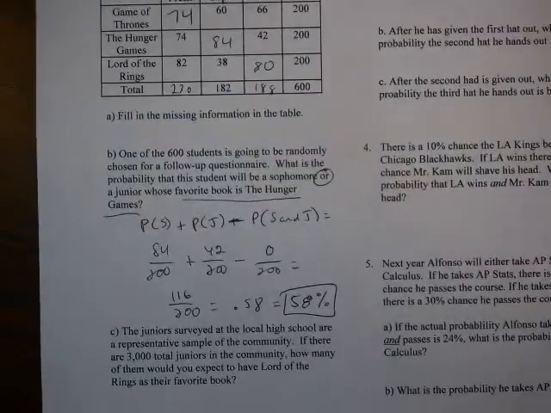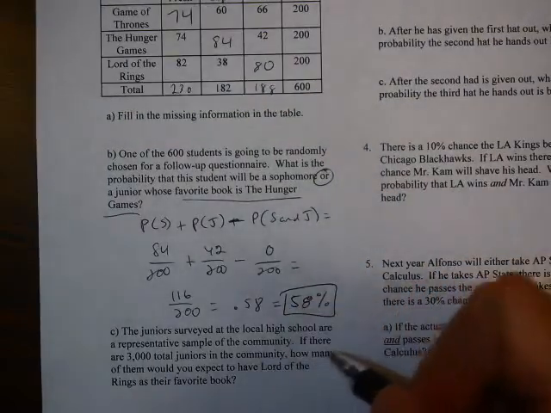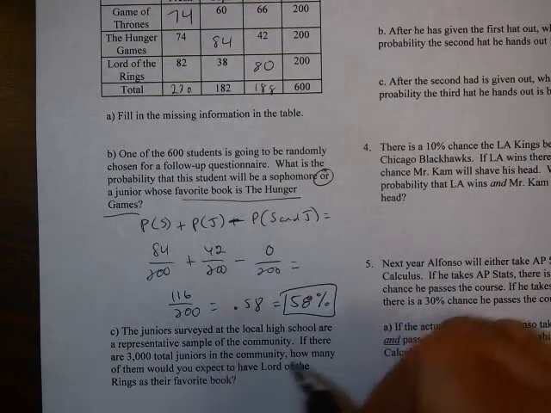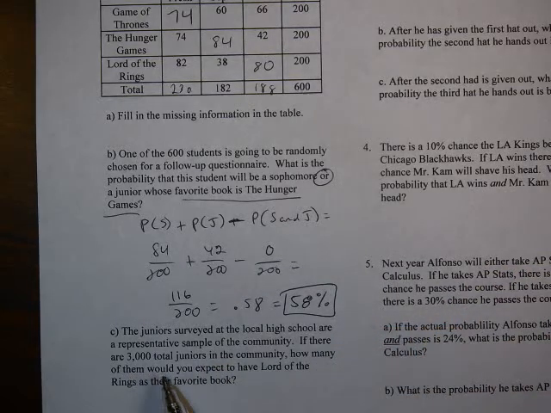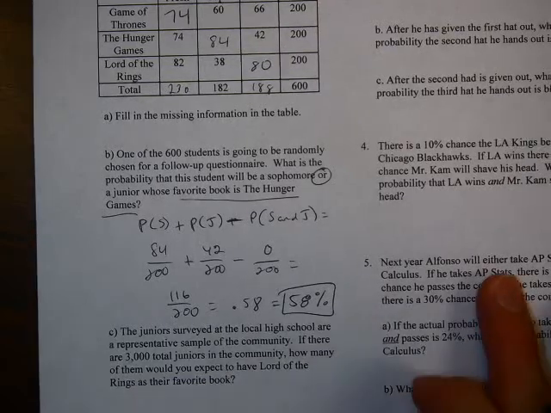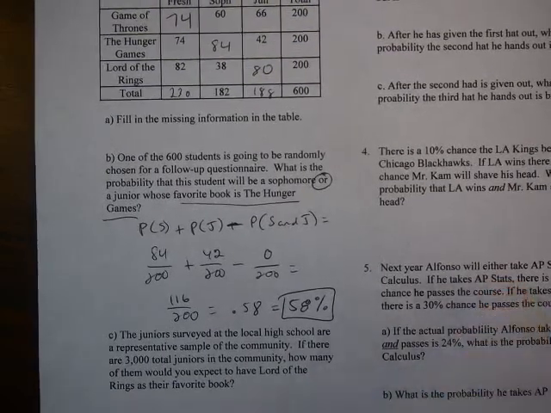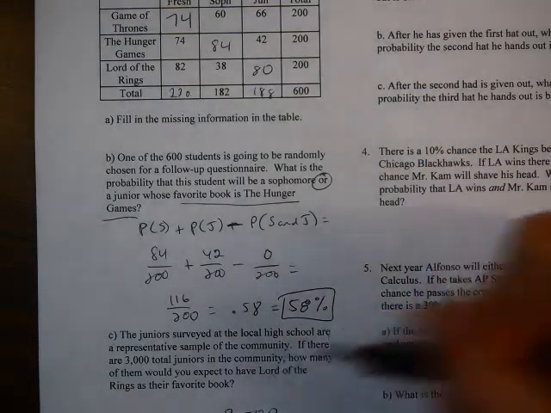For part C, the juniors surveyed at the local high school are a representative sample of the community. If there are 3,000 total juniors in this community, how many of them would you expect to have Lord of the Rings as their favorite book? So we have 3,000 total juniors. Some portion of those 3,000 should like Lord of the Rings.